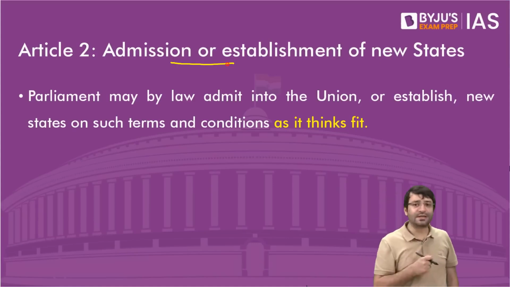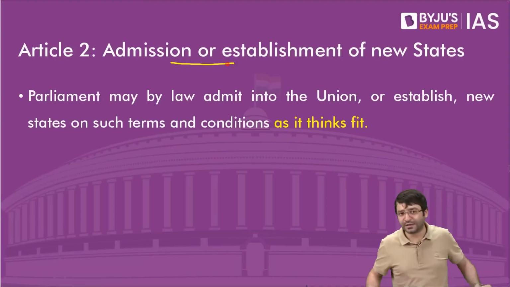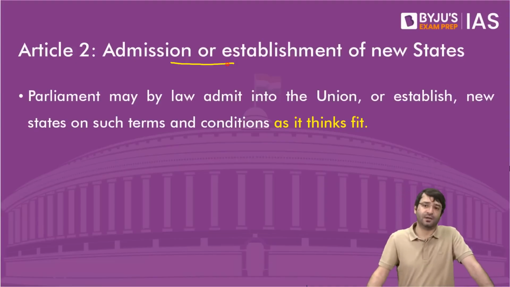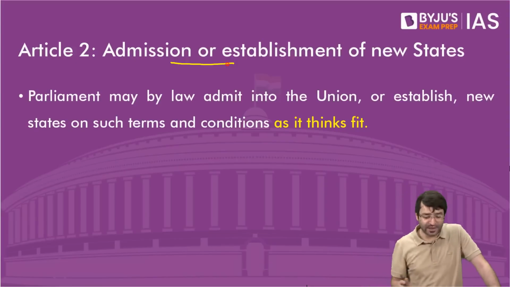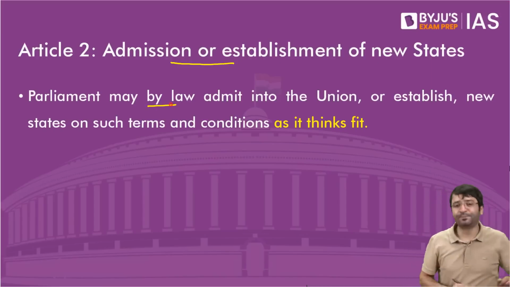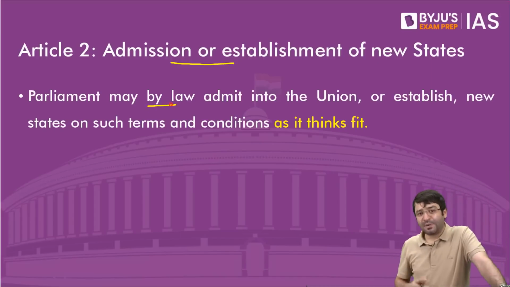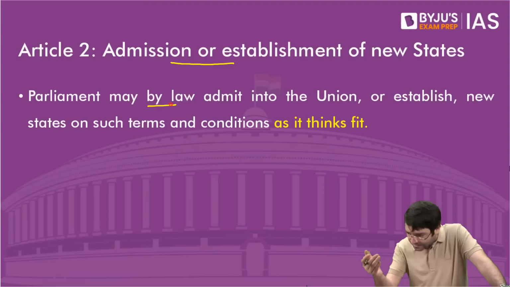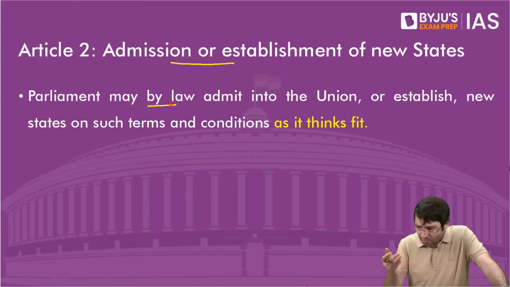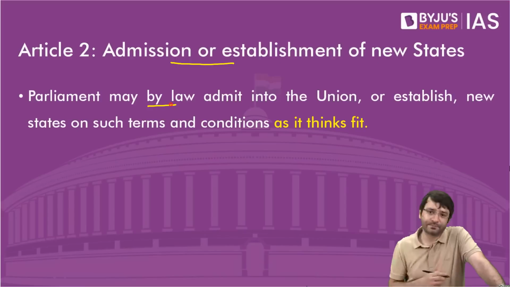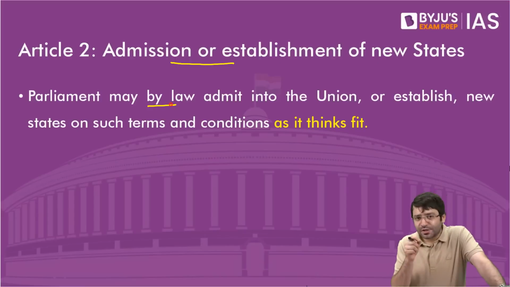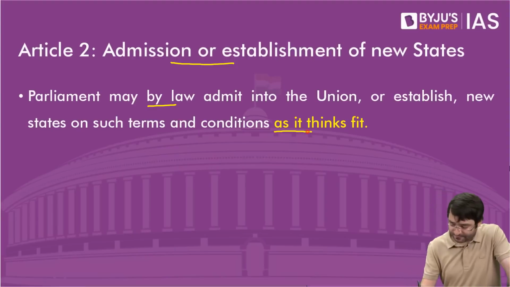For that, you need to understand the text of Article 2. Article 2 says Parliament may. What can Parliament do? It may pass a law. Parliament may, by law, admit into India or establish new states on such terms and conditions as it thinks fit.